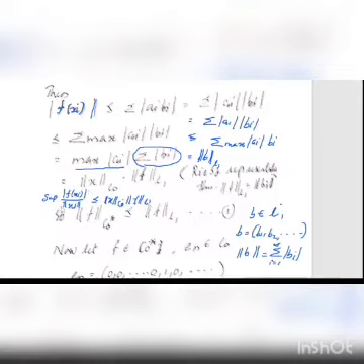So norm of f at C0 star is less than or equal to norm of f at L1. Call this equation 1.